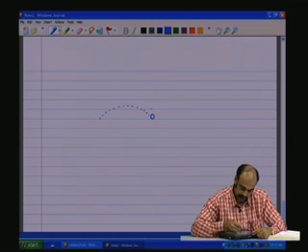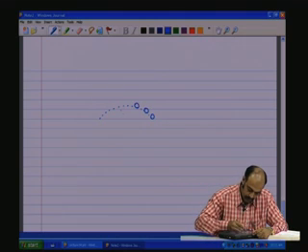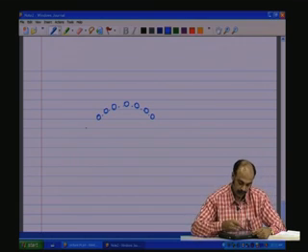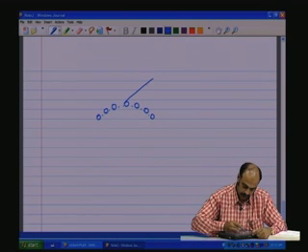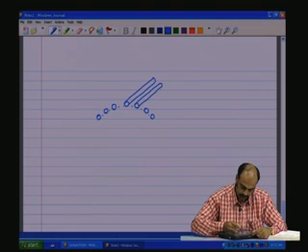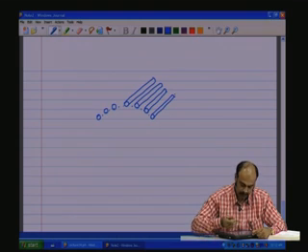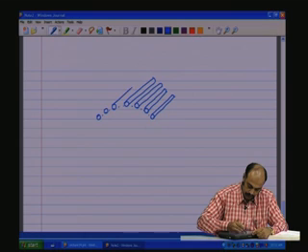Let us have some conductors of the rotor, these are conductors of the rotor, and of course, these conductors go back this way, and so on.